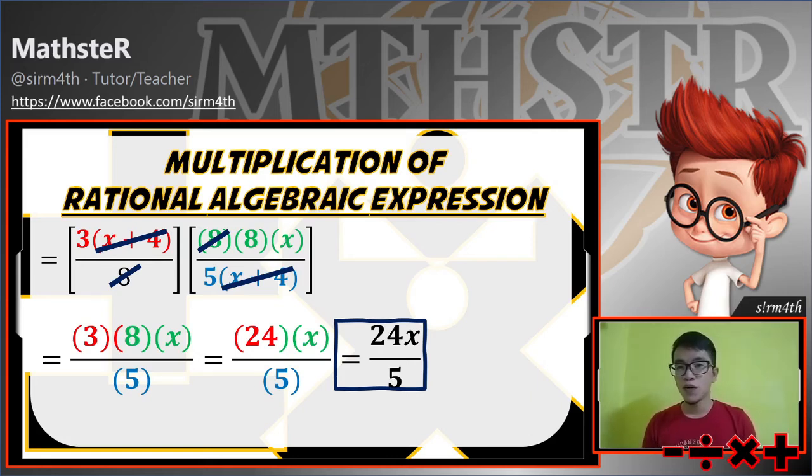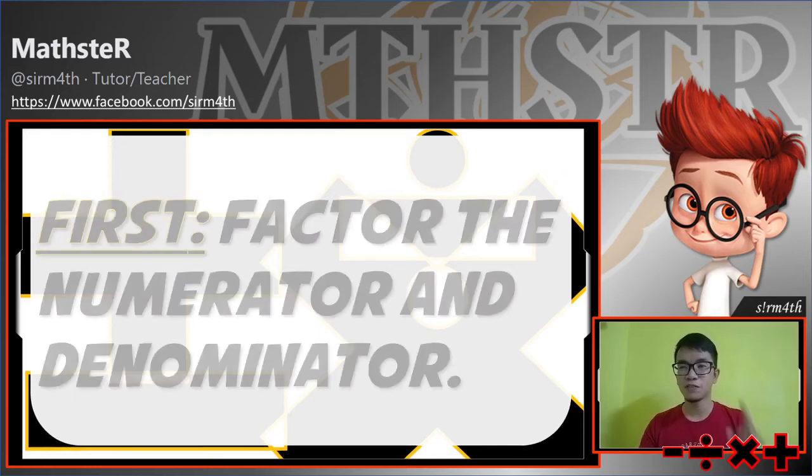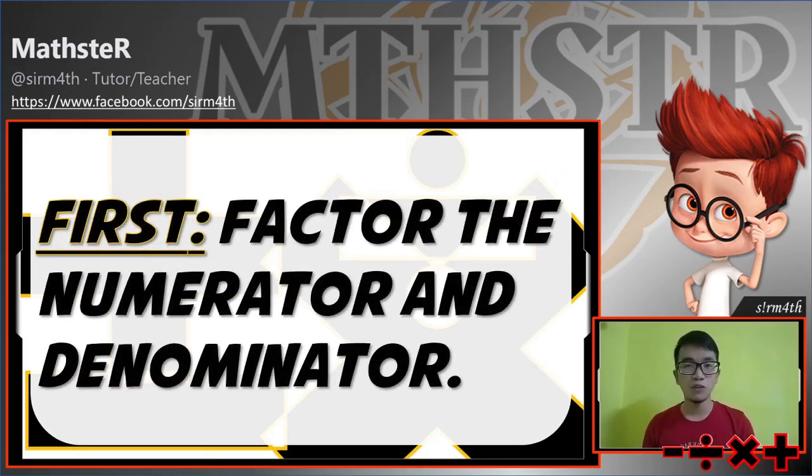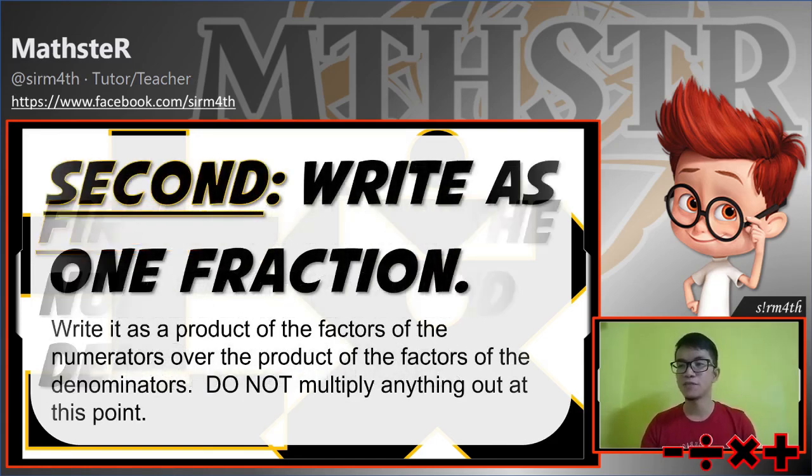At ito yung ating multiplication of rational algebraic expression. Katulad nga nung ginawa ko kanina, meron tayong mga steps na sinunod. Okay? So, first, factor the numerator and denominator. Katulad nung kanina, hindi agad tayo nag-multiply. Instead, tayo ay nag-factor muna or pinaghiwa-hiwalay natin kung ano yung nasa numerator or nasa denominator. Second, write it as one fraction.